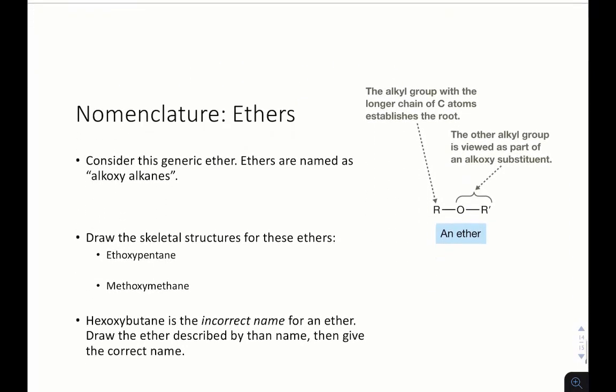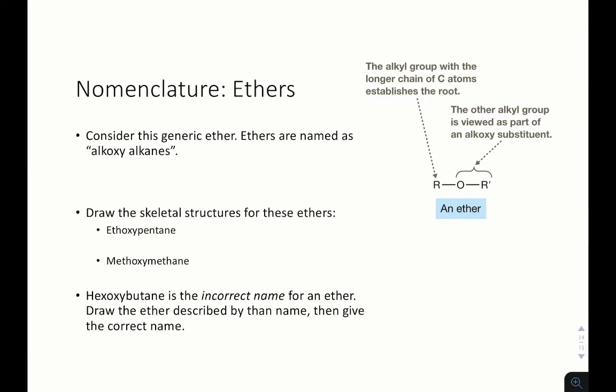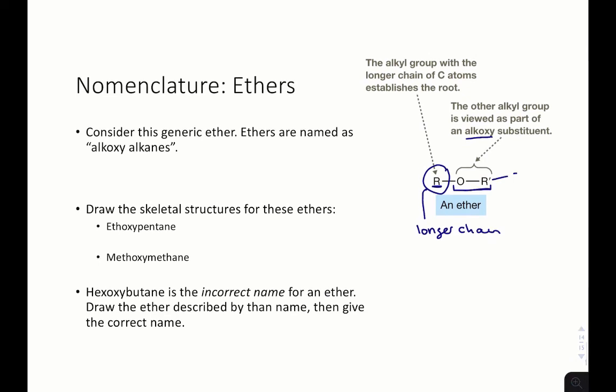So we're going to name ethers as alkoxyalkanes. One of these R's we're going to name as an alkane, and the other R, we're going to name with the oxygen as an alkoxy. Alkoxy means an alkyl group with an oxygen on it, a substituent. The one that's named as an alkane is going to be the longer chain, and the alkoxy is going to involve the shorter chain of carbons.